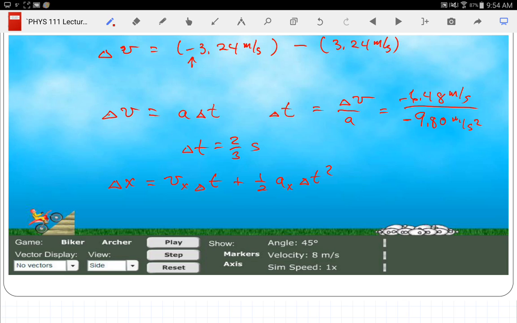Zero, because the acceleration was only vertical. So this here was 0, and I know you don't remember the number anymore, but it was 8.92 meters per second was the horizontal component, times that 2/3 of a second. And so the distance is 2/3 of 8.92, which is somewhere around 6 meters.